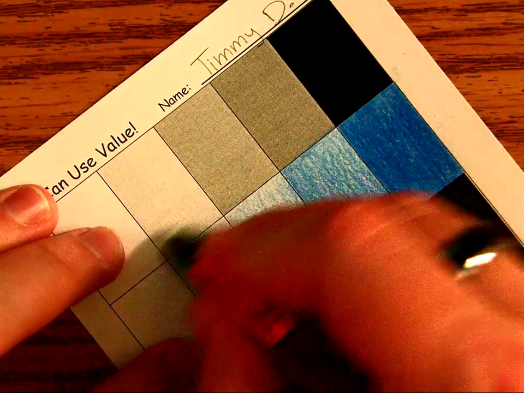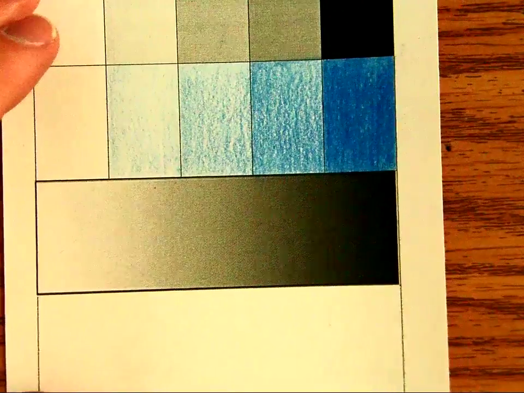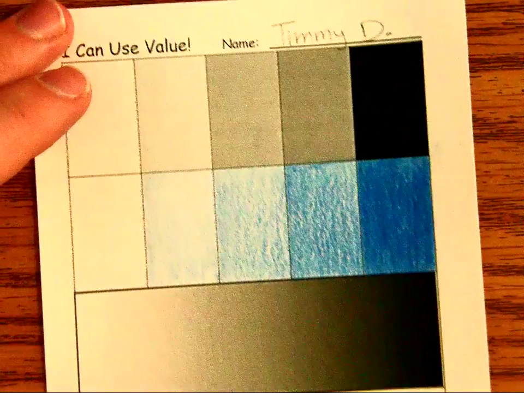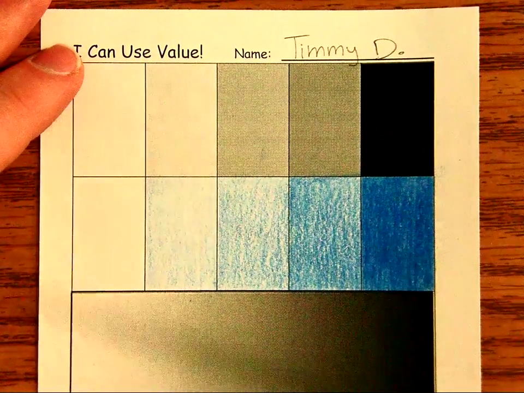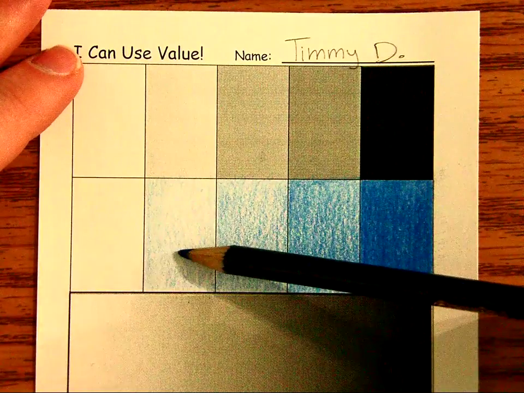Okay, there you can see that that is a step down process on your value scale. We move from dark to medium light, and then light. All right, so that's working through that.